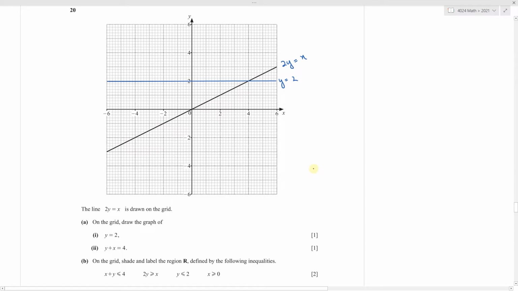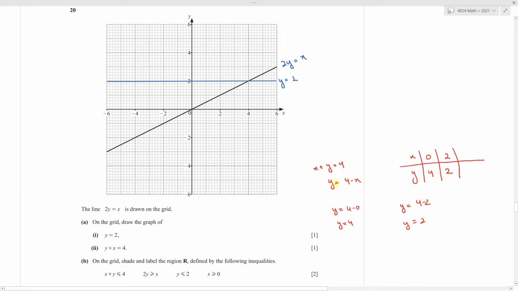So x plus y equals 4. That means y equals 4 minus x. Let me quickly create a table here and let's take any two values of x. So let's say if x is 0, then y equals 4 minus 0, which is y equals 4. So when x is 0, y is 4. And let's take x equals 2. So then it becomes 4 minus 2, which is 2.